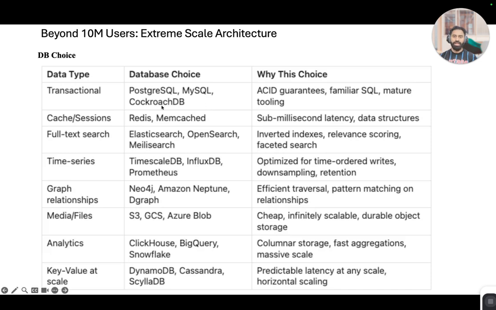The reason for adding this table is that it will be helpful for you in interviews. Which database you have to choose in which scenario, so just have a look, or you can also take a note. If you get these scenarios, then you can choose the database accordingly.